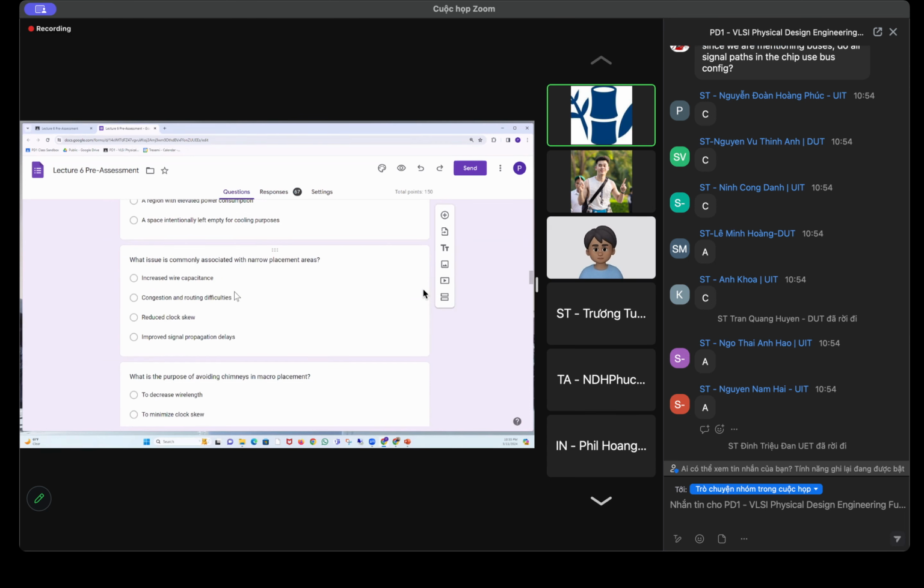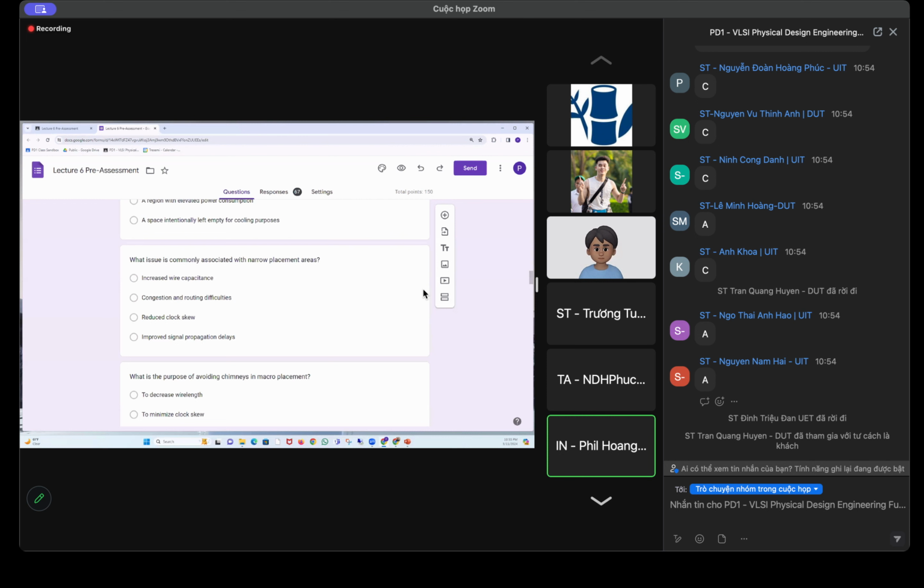A question came in. Do all signal paths in the chip use bus configuration? No, a bus is mainly for the data paths, like a program bus that holds the entire instruction, like 32-bit, 64-bit instructions, or a lot of the time our data paths, like 32-bit, 64-bit data.